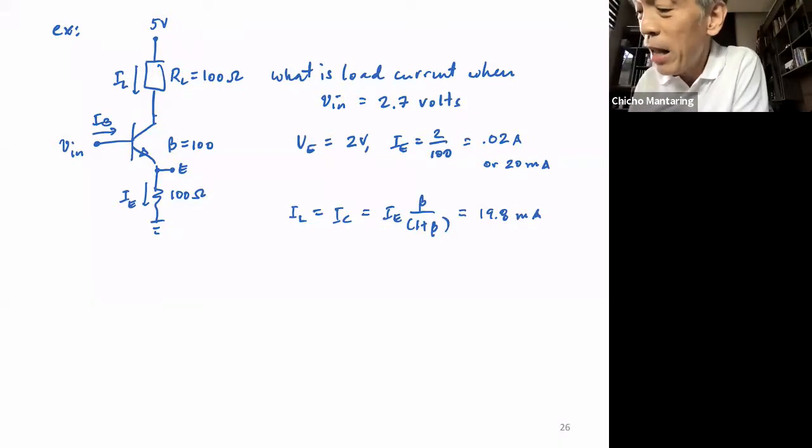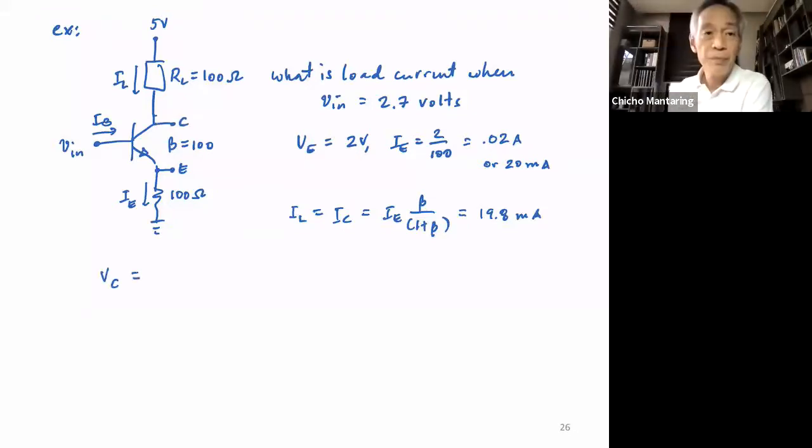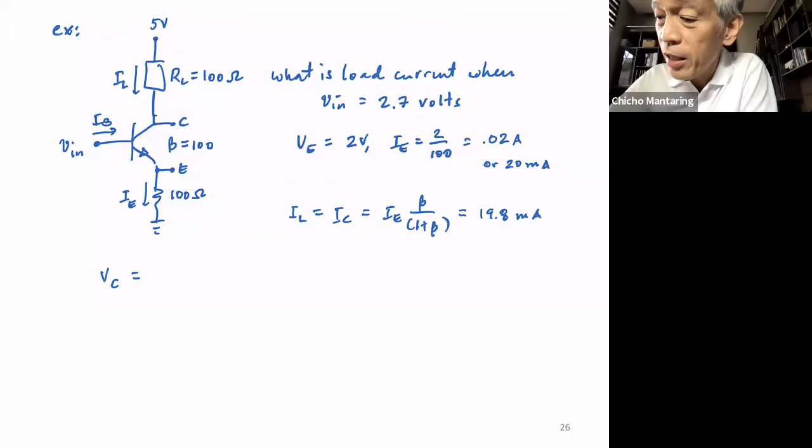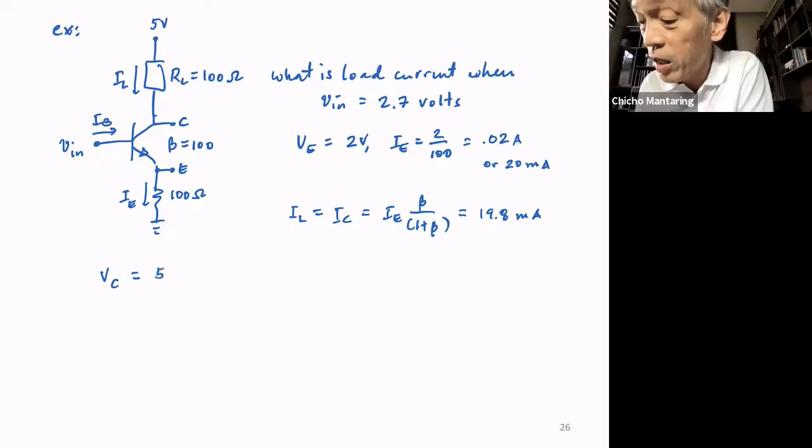Okay, what is the value of VC? So this is C. What is VC? You just do a partial KVL here, an incremental KVL here, right? 5 volts minus VC is equal to IL times 100. Or VC is 5 volts minus IL times 100.